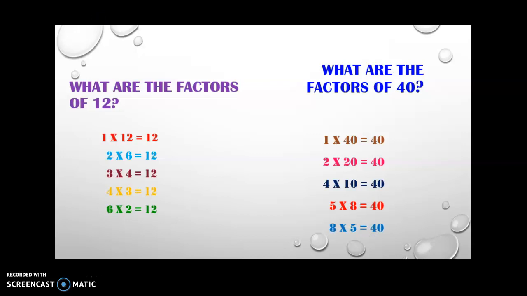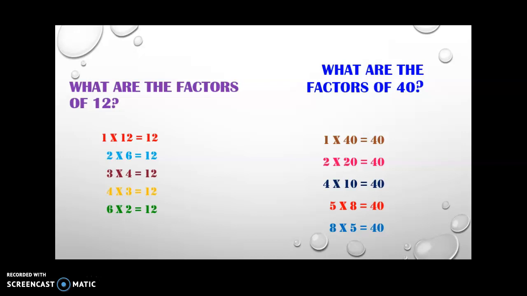Great job, everyone. So we know that factors are the numbers that we use to get an answer when we're multiplying. And the answer is also called a product. So in our example, what is the product of the first question? That is correct, Joy. 12 is the product.